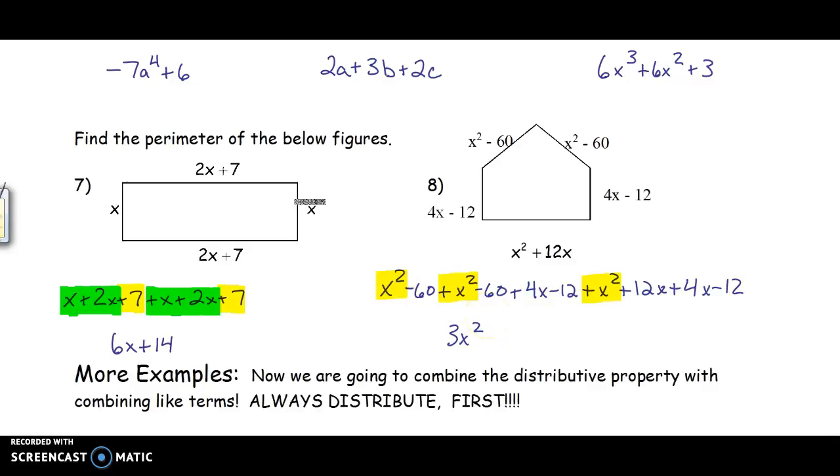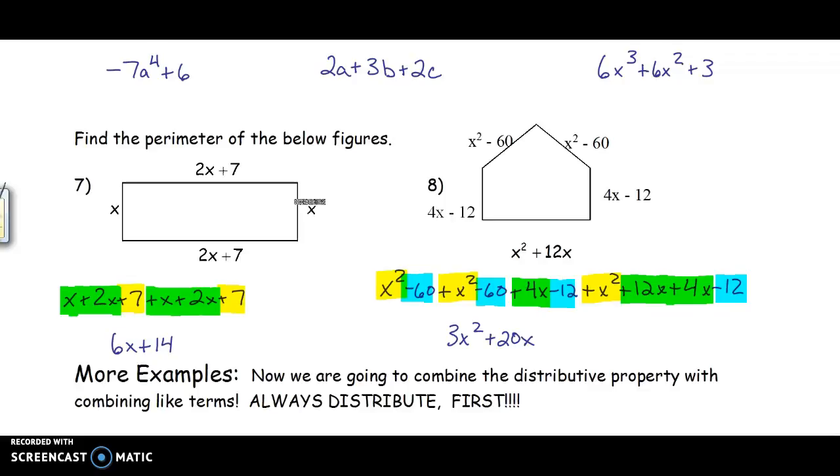Now what I like to do is keep looking at my variables. My next variable in line would be x, so let's find all of our x's. 4x plus 12x plus 4x, you have 20x. And then your last one, negative 60, negative 60, negative 12, and negative 12.